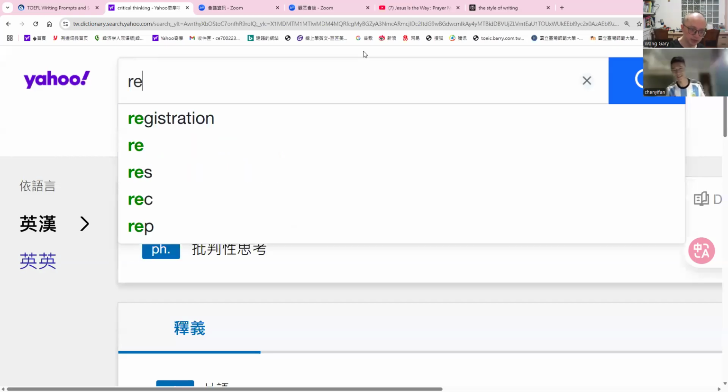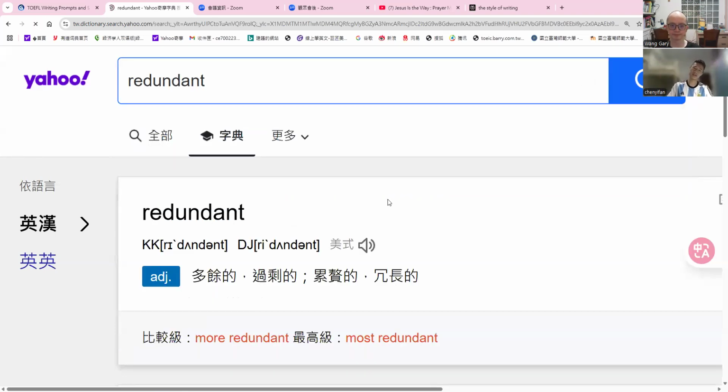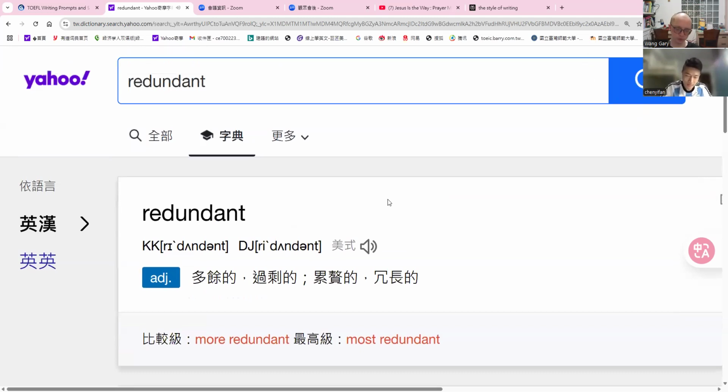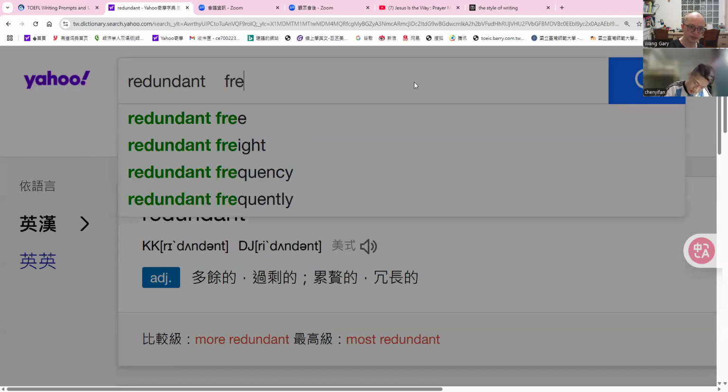Let me show you. This is a very important keyword in TOEFL and IELTS writing. Redundant. I will give you one very simple but important example. We see the term in our everyday lives a lot.